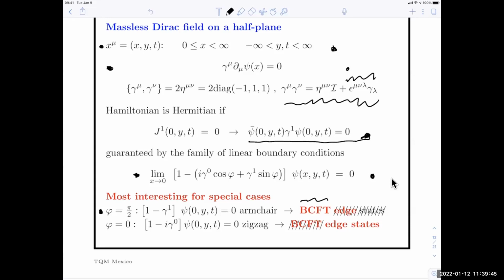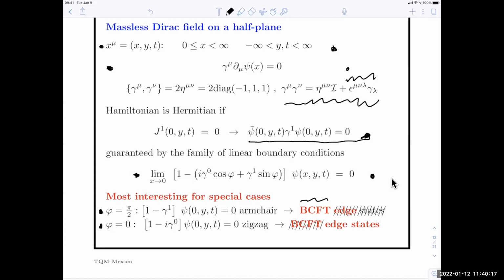At the other end of the spectrum of boundary conditions is phi equals 0, that describes the zigzag edge of graphene. This boundary condition actually breaks Lorentz invariance, ruins the conformal symmetry. It's still scale invariant, translation invariant for translations along the boundary and translations in time, but a lot of the space-time symmetry goes away.